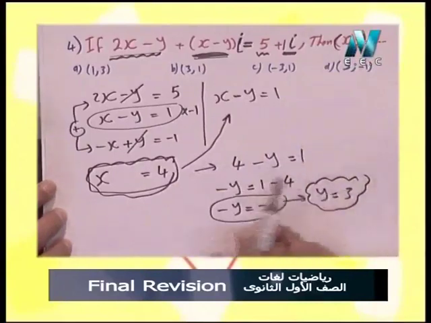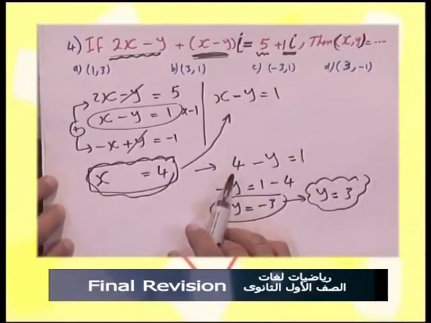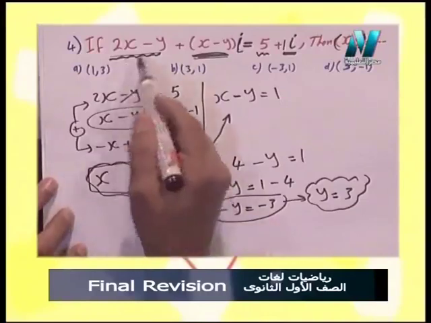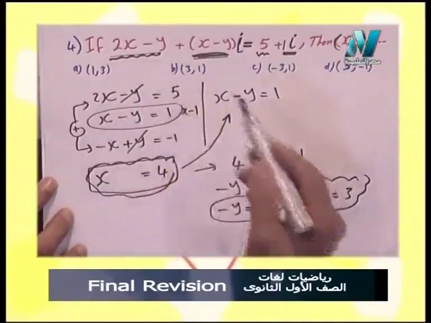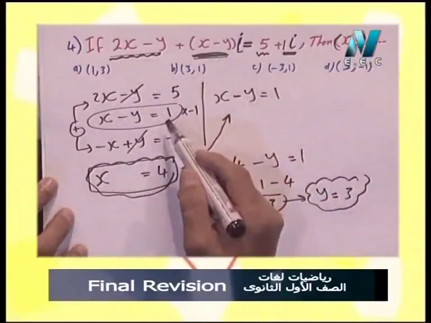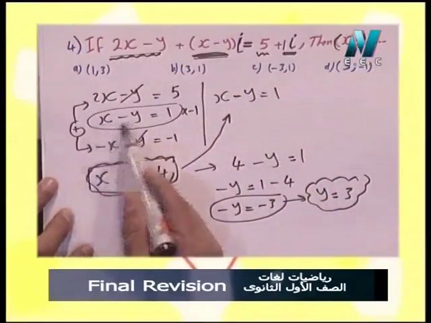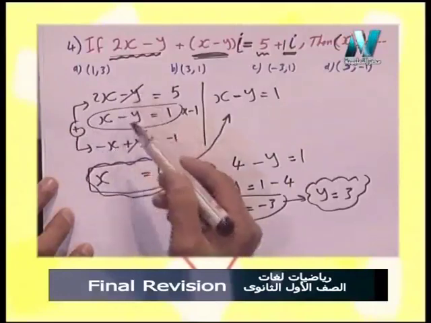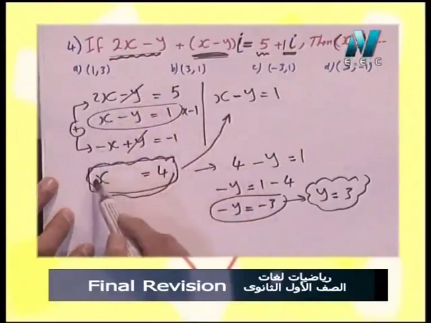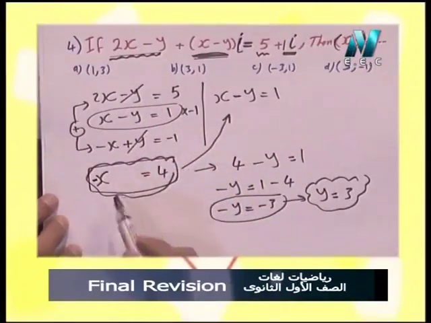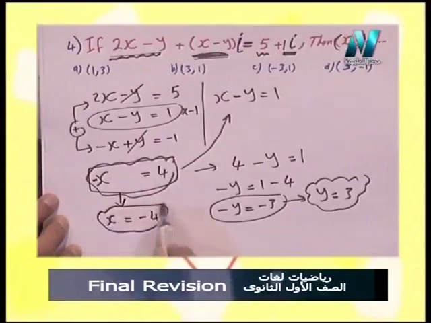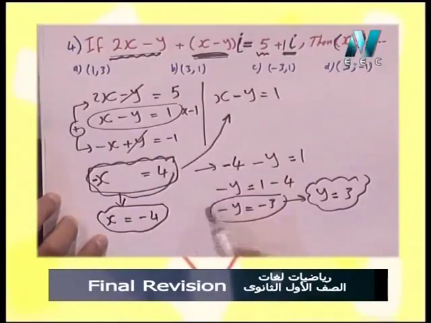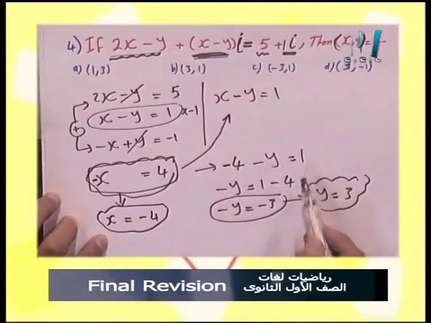Okay, something is wrong here. We can revise again. We have 2x minus y equals 5 and x minus y equals 1. Okay, by multiplying this by negative, negative x plus y equals negative 1, by adding, here 2x minus x equals x. Okay, sorry, and we have x here equals negative 4. So x equals negative 4, we substitute it: negative 4 plus negative y equals 1.